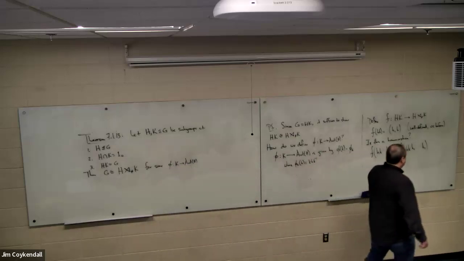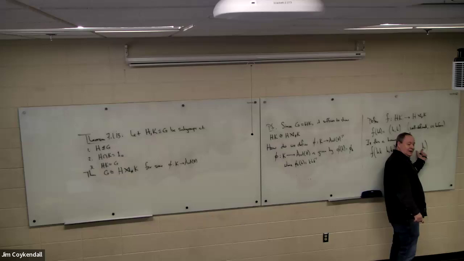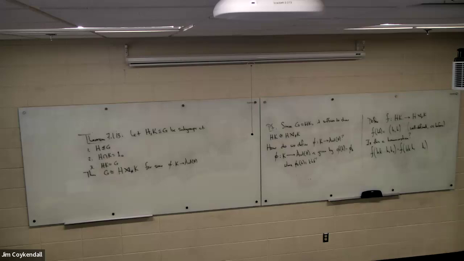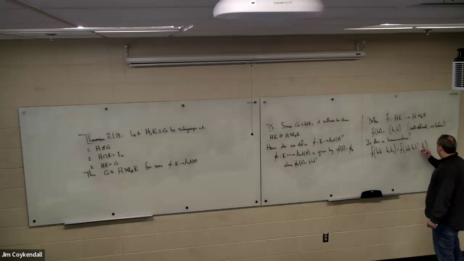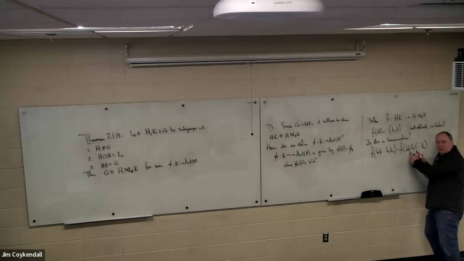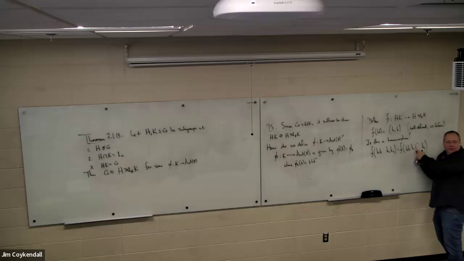Now, I'm going to insert something in that slot in here. Any guesses what I might do? And remember, I'm trying to leverage the fact that H is normal. Yeah. k inverse k. Good. I'd like to do that. I really would, because now I've got a conjugate of h1. So this blob will all be an H. Everybody agree with that? But now I've inserted that, so I've got to cancel it in a certain sense.